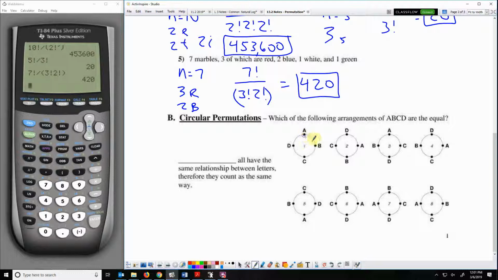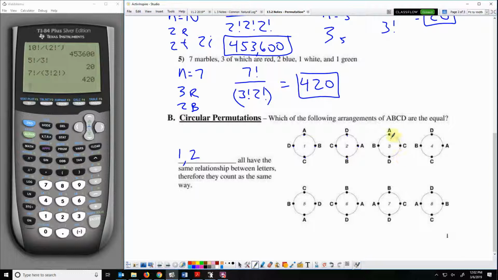For example, number 1 is the same arrangement as number 2. A, B, C, D, same order, both clockwise. So those two right there are the same circular permutation.